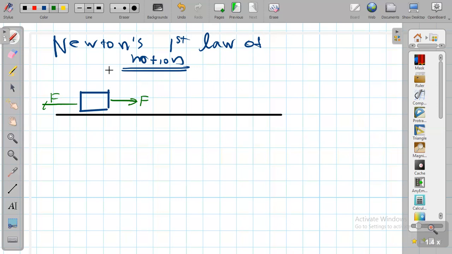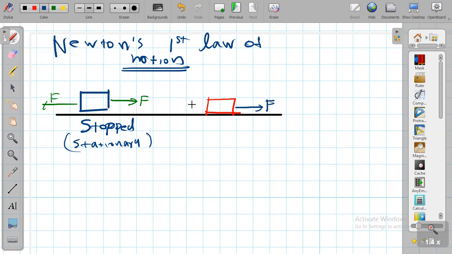If the forces are balanced, what happens? It would prefer either to be stopped, that means stationary, or in the dynamic condition, under a uniform velocity. Stationary or moving at constant velocity.